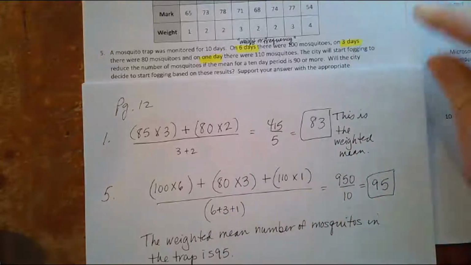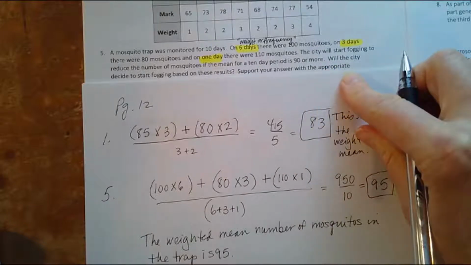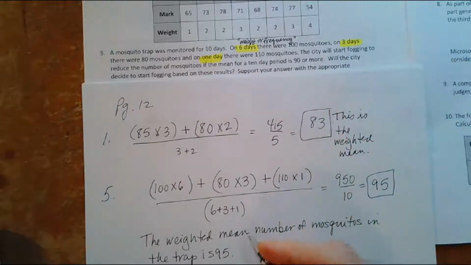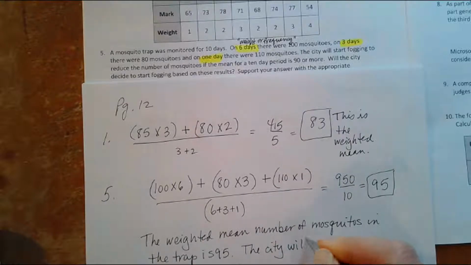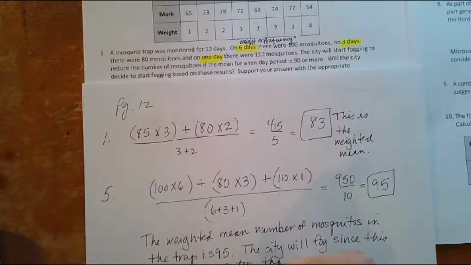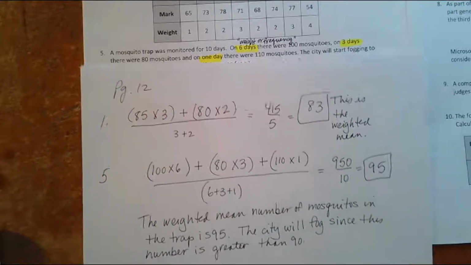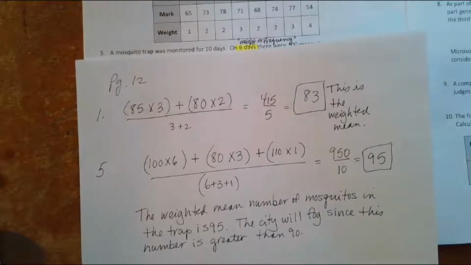And it says, if the mean is 90 or more, the city will fog. So it looks like the city will fog since this number is greater than 90, right? They said they'll fog if it's 90 or more. Well, it's more than 90, so the city will fog.